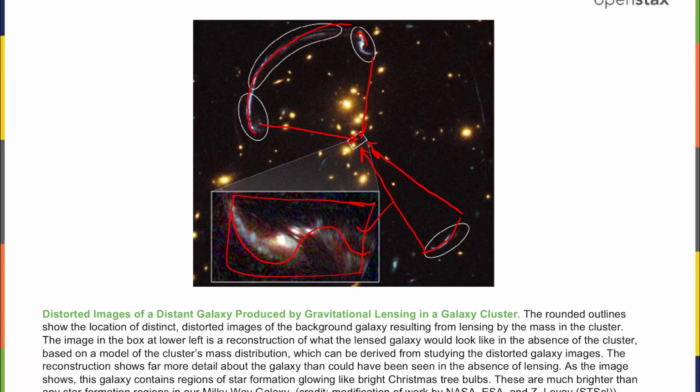This irregular, perhaps almost approaching spiral shape of the original galaxy, stretched out and bent due to the lensing effect of the warping of the space-time continuum due to gravity, as predicted or hypothesized in Einstein's general theory of relativity and experimentally proven again and again.